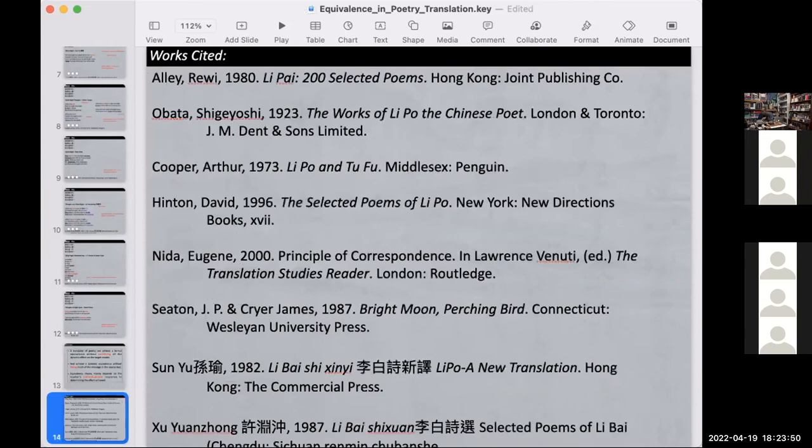sources, and if you want to read more about Chinese rhythm and about the ping and ze and the rhyme, I can suggest some of the books that I personally use. This is a dictionary of Chinese rhyme. This is a dictionary of ping and ze.